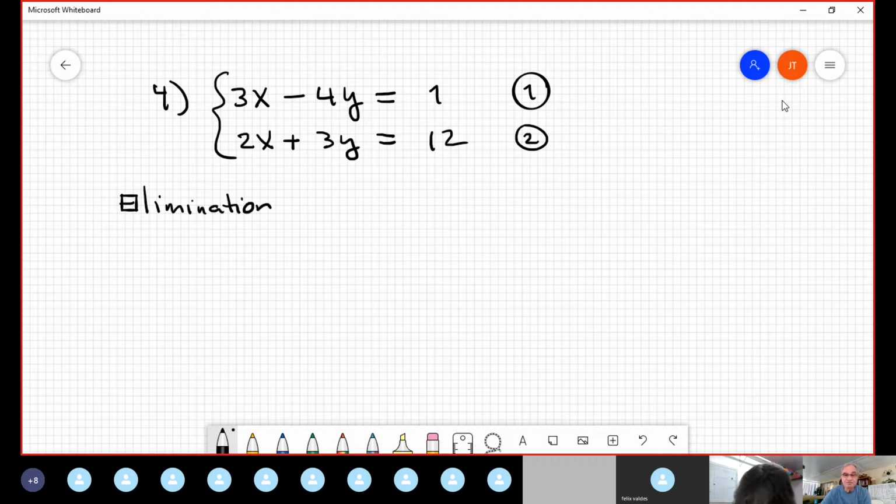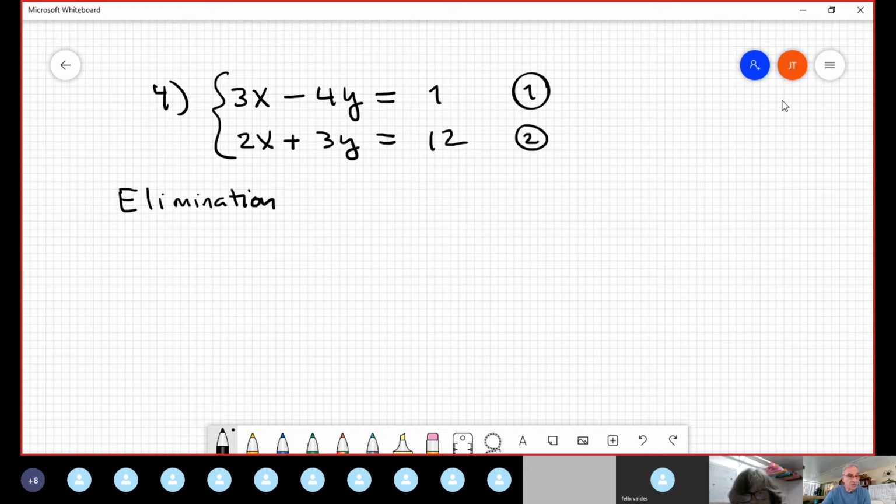The elimination method is good. In my opinion, it's the best. Substitution I apply not frequently. I apply it when a variable has coefficient 1 or -1, but here the coefficients are 3, -4, 2, and 3. So elimination is much better.